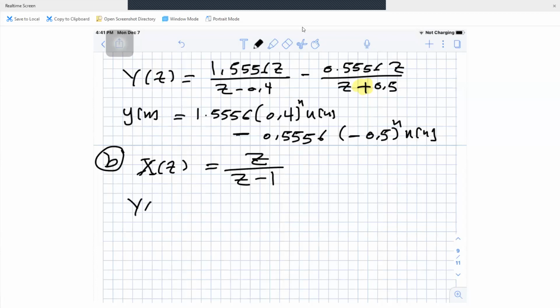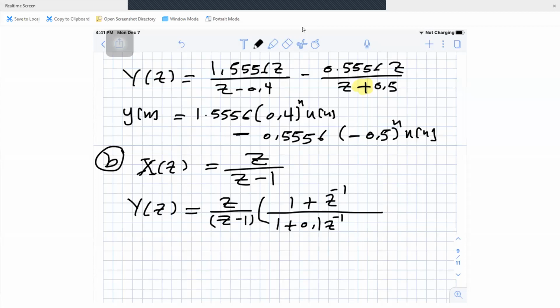So Y(z) directly will be the following: z/(z - 1) multiplied by (1 + z^-1) divided by (1 + 0.1z^-1 - 0.2z^-2).